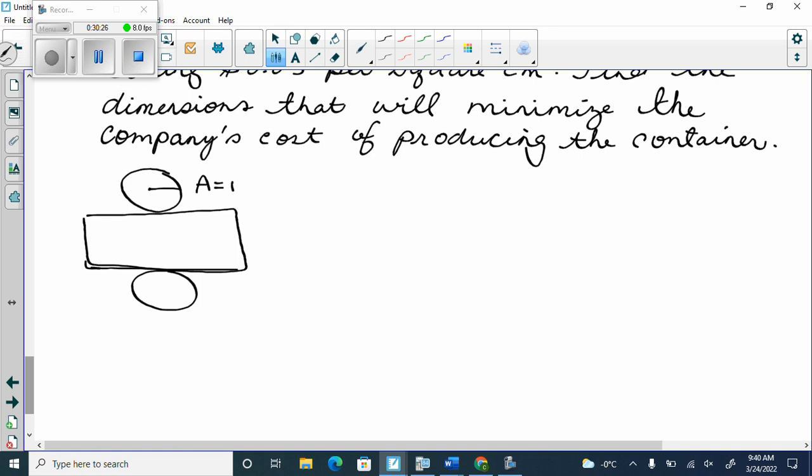Pi r squared. So I know to make the surface area, it's going to be 2 pi r squared to cover the two circles. Plus, I need to get the area of that lovely rectangle. Now, how do I get this top?